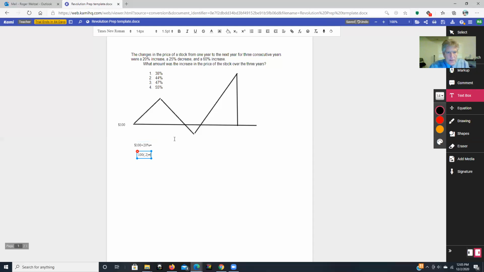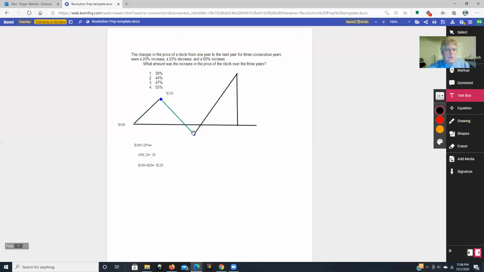And we know that that's going to equal $20. Now, what we're going to do is to take our original number, we're going to add $20, and we're going to come up with a resulting amount of $120. So we'll just stick that right here, $120.